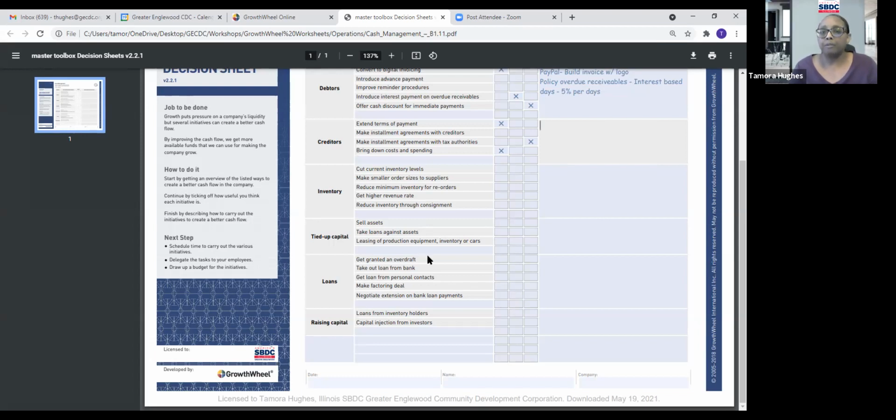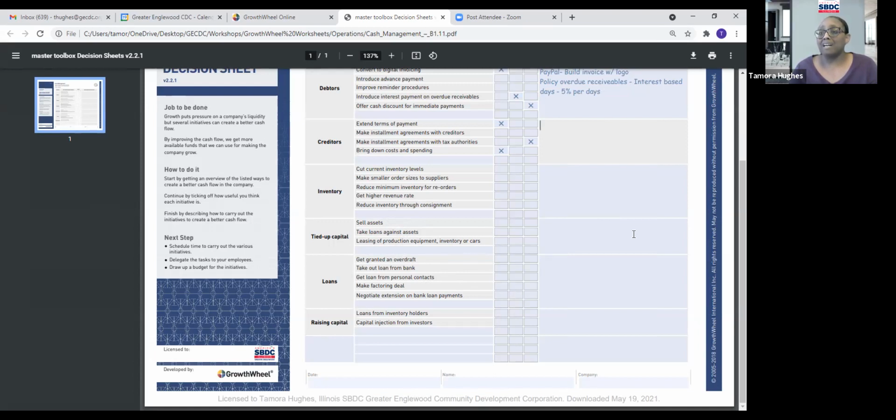Then tied up capital. This relates to selling assets, taking out loans against your assets, as well as leasing. This is where you're carefully looking at any capital you have, anything where you need to sell your assets.